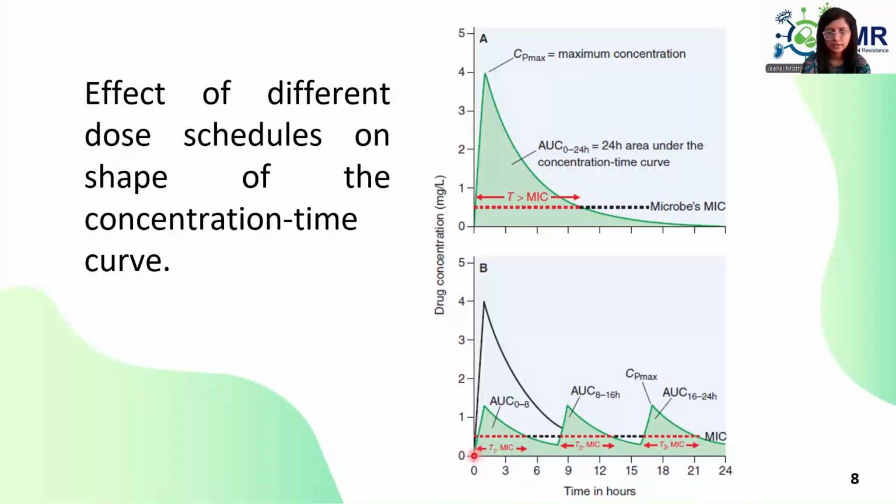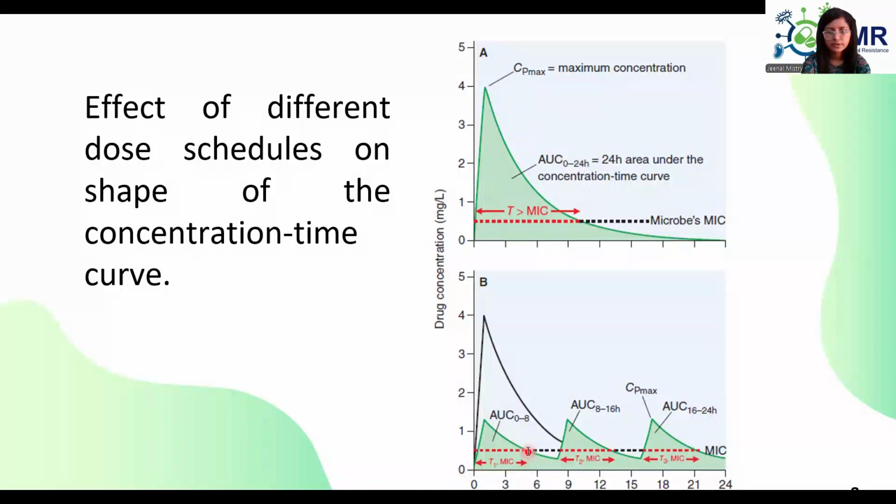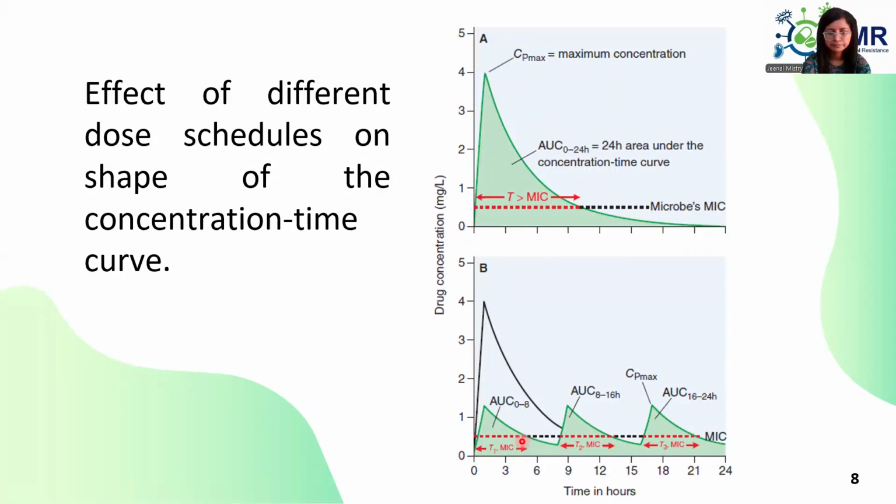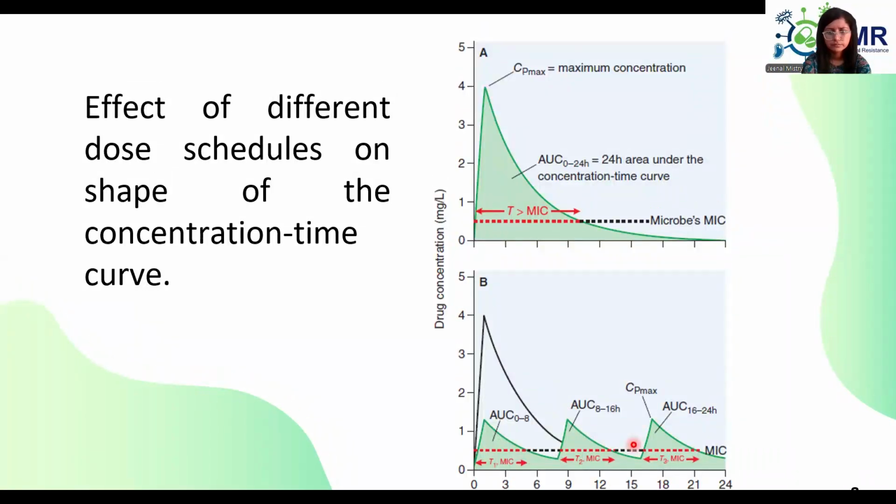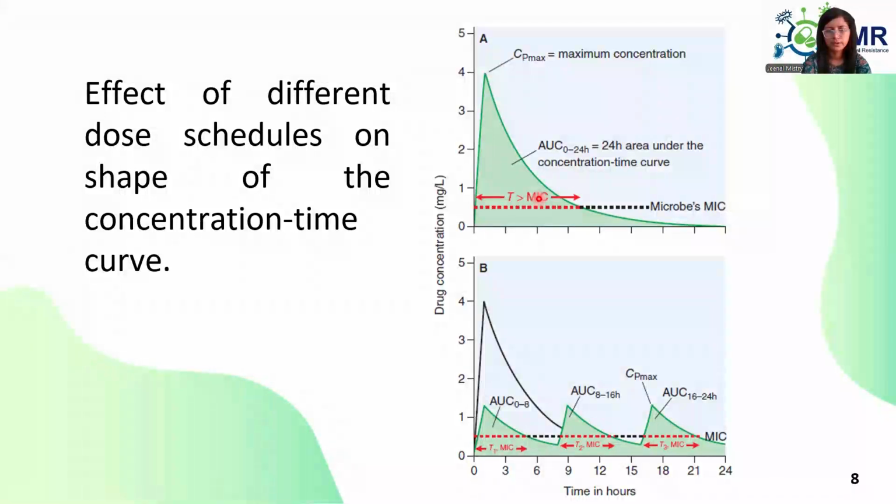So here, from 0 to this time, the time taken to achieve the drug concentration above the MIC is also increasing with the more frequent doses as compared to this, right?